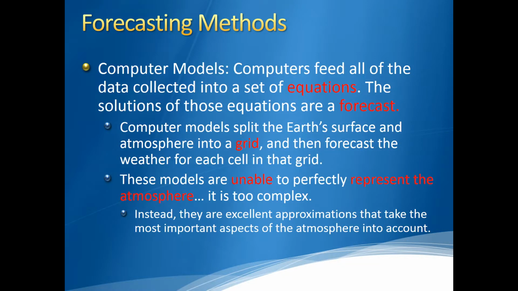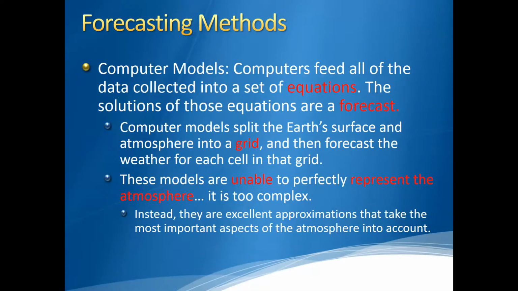Now, once we have all of that data collected and once we have a really good idea of what the current weather conditions are suggesting, we then take all of that data and we plug it into a computerized set of equations called a forecast model. And this forecast model uses these equations, they're called prognostic equations, to then create a weather forecast.